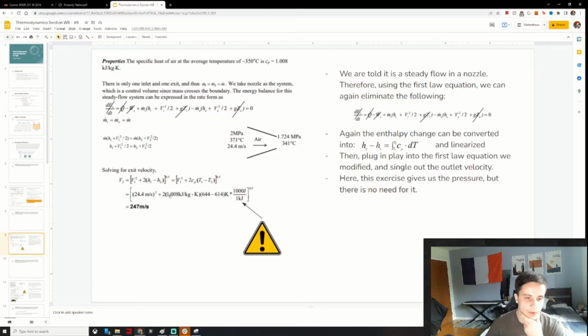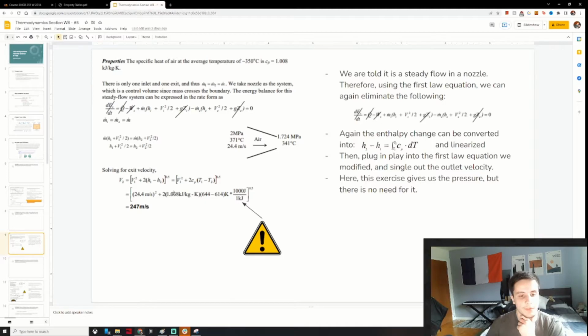So what we could have done here is multiply by 10 to the power minus 3 for the velocities, so in this case it would have been 24.4 meters per second squared times 10 to the power minus 3, and then plus 2 all of this, and remove this 1,000, and you would get 247,000 as a result, and you would need to multiply V2 again by 10 to the power minus 3.